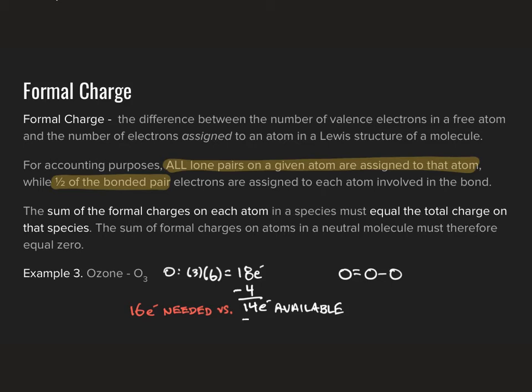Now that I've taken care of that extra bond using up 2 more electrons, I can fulfill the octet rule by distributing lone pairs of electrons to the oxygen atoms to get my valid Lewis dot structure. So I've got a valid Lewis dot structure right now. Let's see how the formal charge on each of those oxygens plays out in this situation.